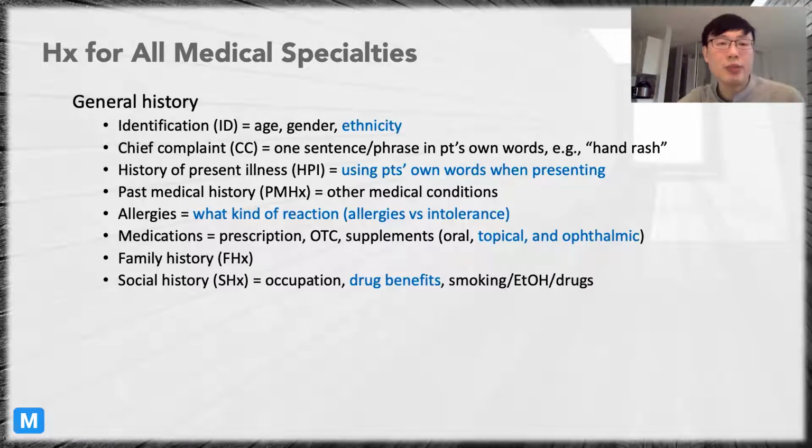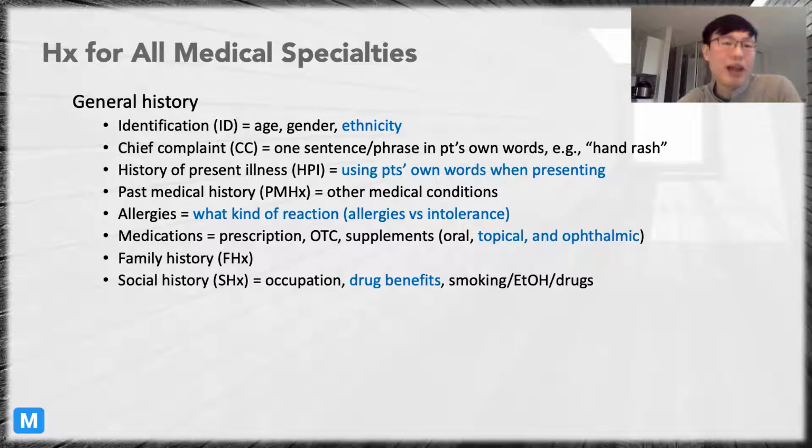In the HPI, you want to use the patient's own words when presenting to the staff. You want to say the patient comes in complaining of flaky spots on the chest, instead of saying the patient presented with flaky papules, because patients will not use the word papules. It's better to describe in the patient's own words when you're presenting to the staff.